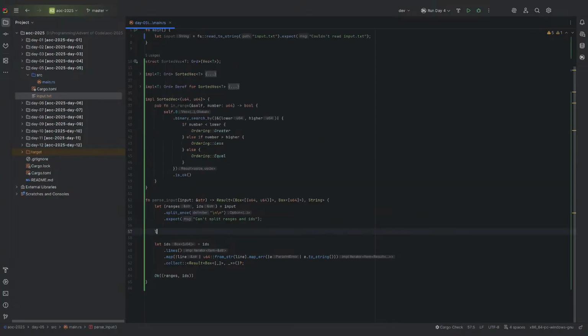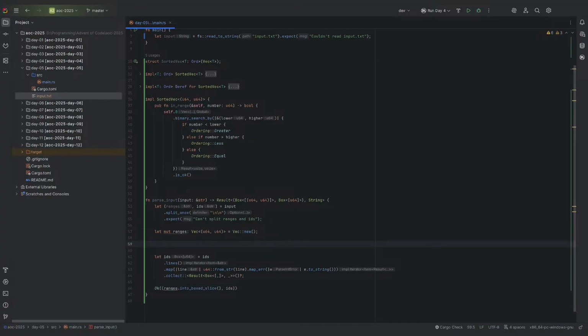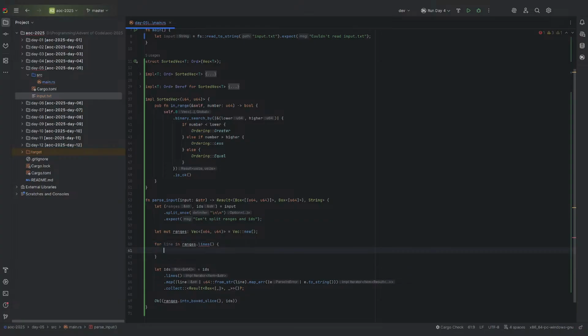Actually, I do think I want to do this as Vec, because doing this as a Vec lets me... Actually, I can do this part already. Two lines. That's a problem.